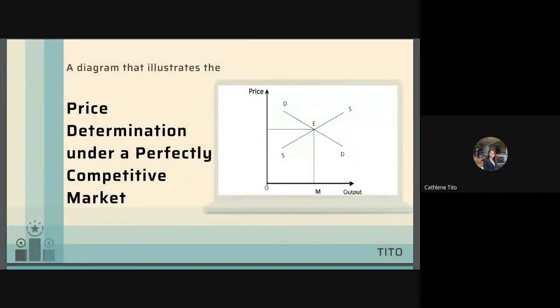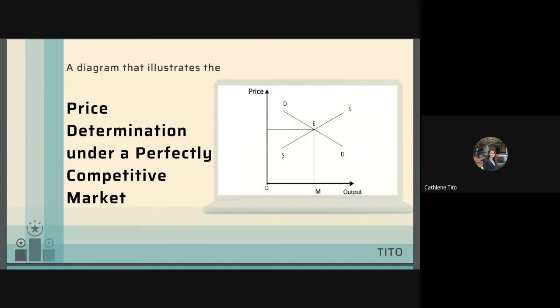So here is a diagram that illustrates price determination under a perfectly competitive market. This diagram is not new to our eyes as we already encountered this in our past subjects. So supply and demand is an economic model of price determination in a market.